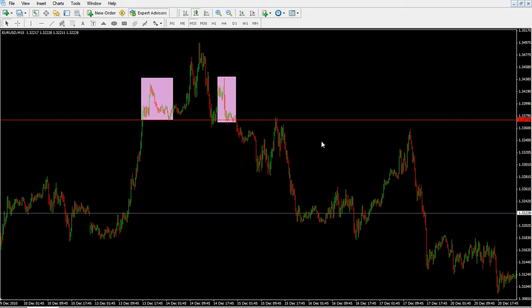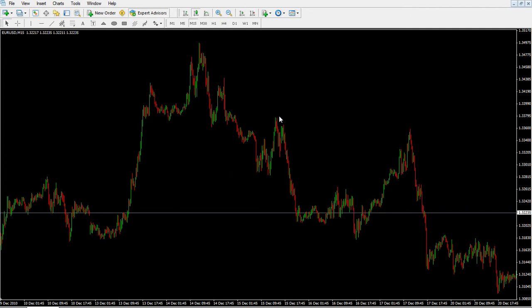This kind of pattern isn't something I mostly use in live account trading, because there are simpler, more efficient ways to take profit from the market.